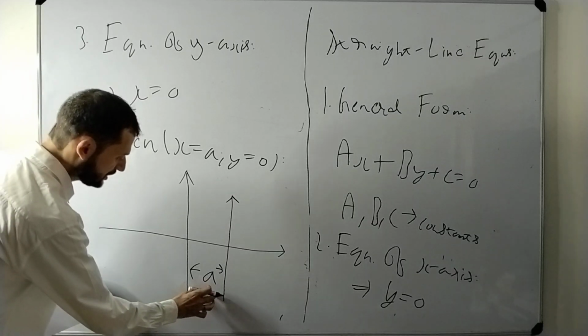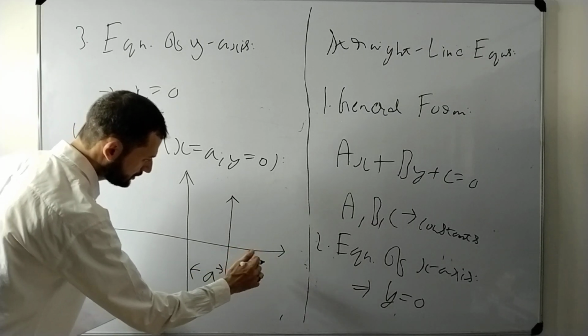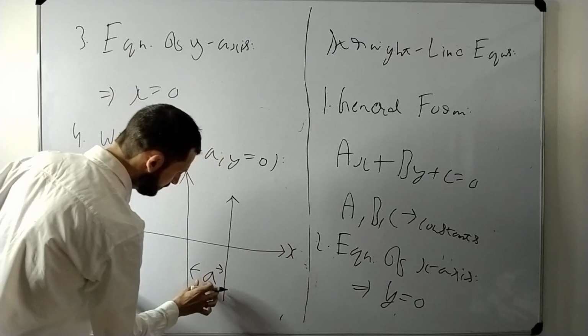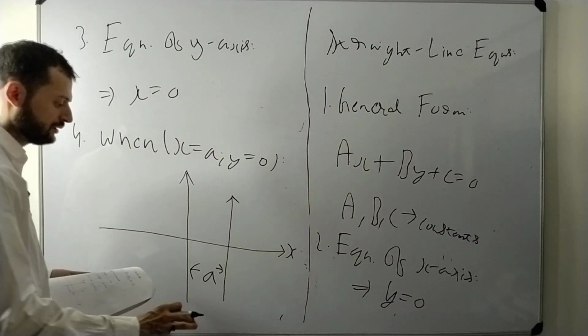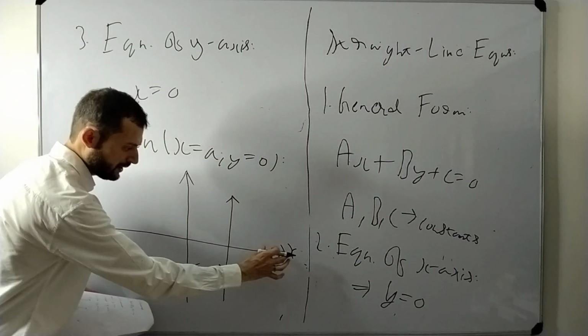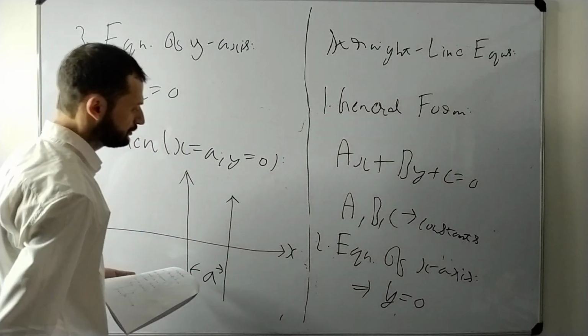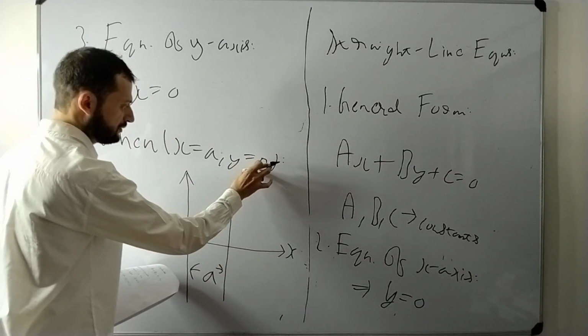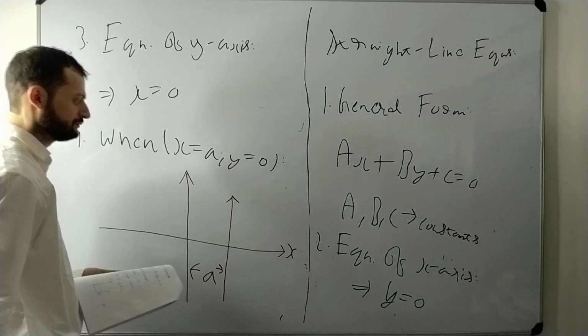So you are traveling a distance into the x coordinate, and y is taking any value whatsoever. So you are traveling 0 distance into the y but a distance into the x.